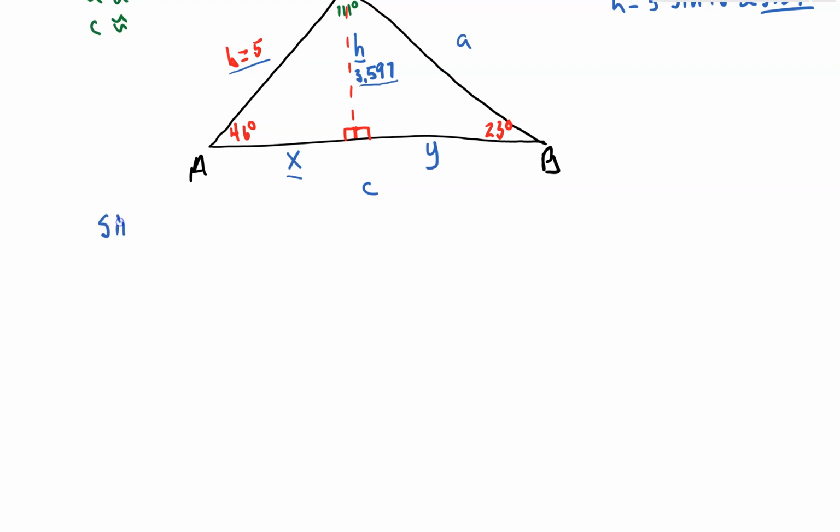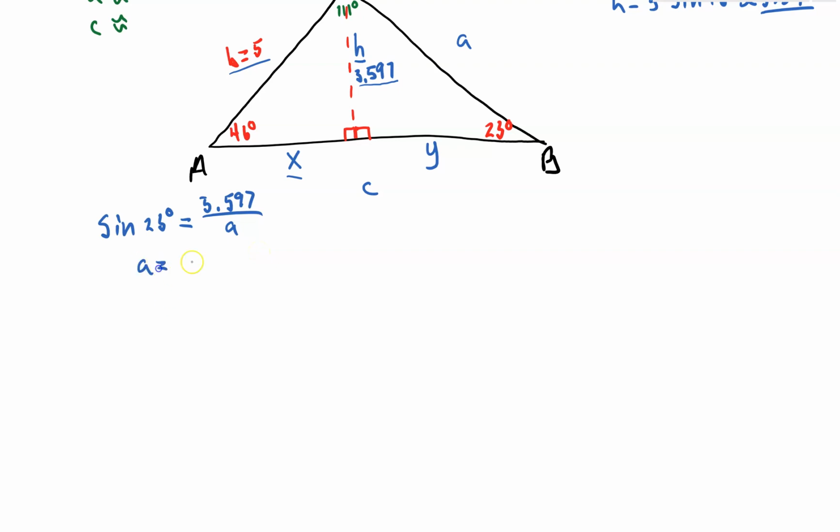First things first, sine of 23 degrees is going to equal 3.597 over a. So I'm going to look for a here. I'm going to multiply both sides by a and then divide by sine of 23.